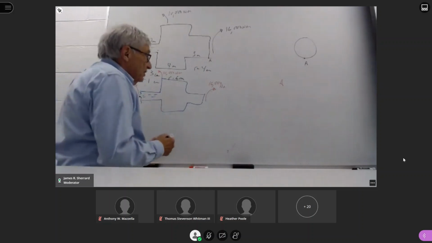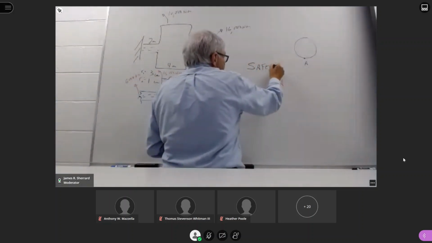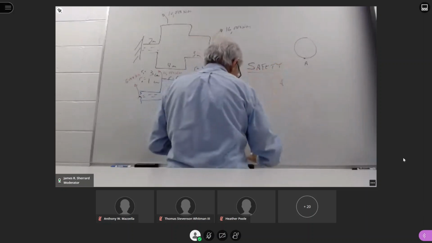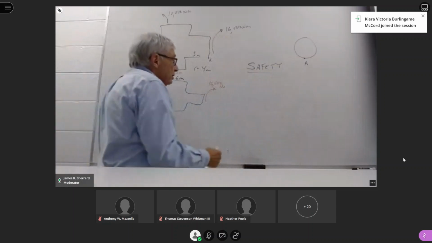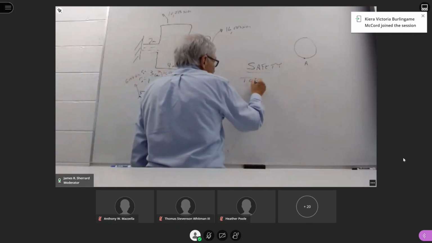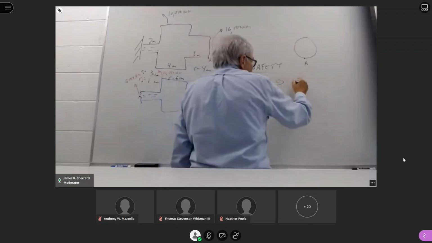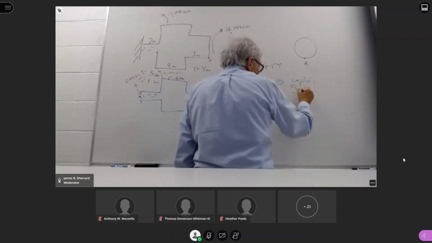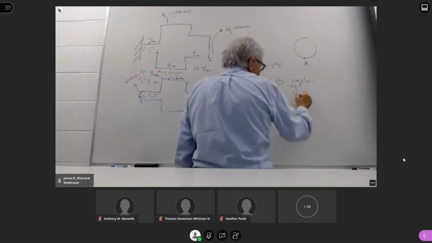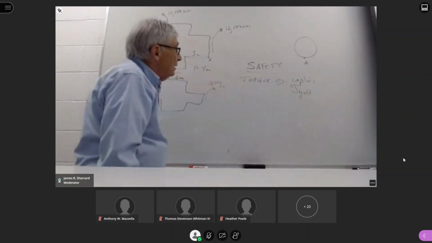So if we're looking at safety, we know that when we have a system with just torque, that only implies shear stress, and we're obviously looking at the yield value.